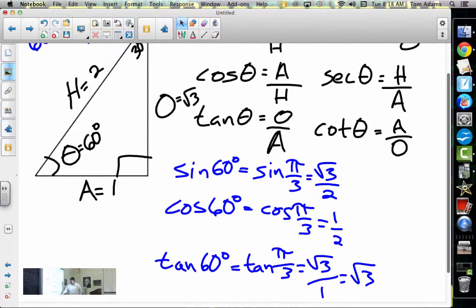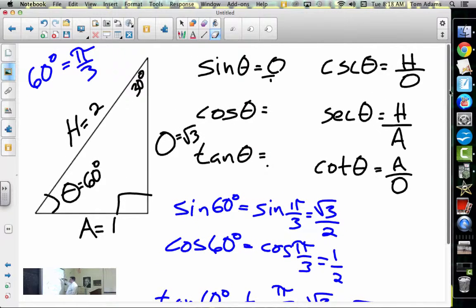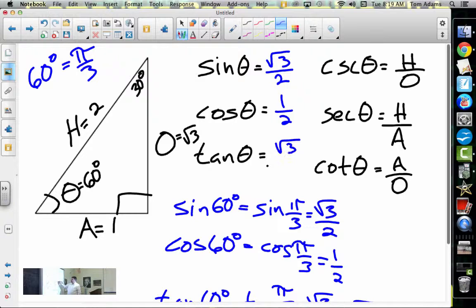Well, let's continue. So then what are the reciprocals of this? Well, based on this information, if I were to plug all this in, we have the opposite over the hypotenuse, which is root 3 over 2. We have the adjacent over the hypotenuse, which is 1 over 2. We have tangent, which is the opposite over the adjacent.